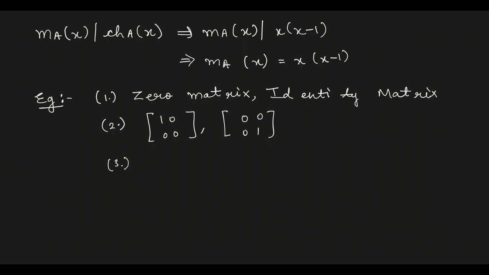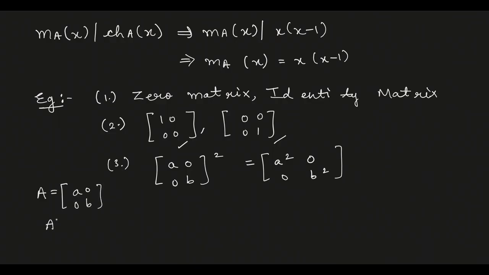If I write a 0 0 b, its square will be a square 0 0 b square, and it should be equal to a 0 0 b. This means that a can take the value 0 or 1, and similarly b can take the value 0 or 1. So by this I have written these 4 examples.